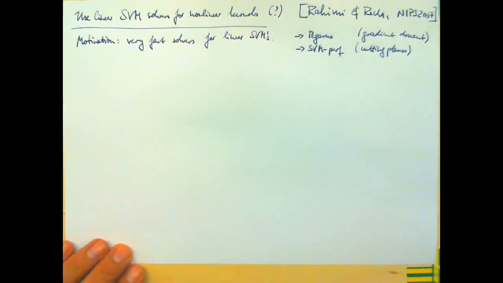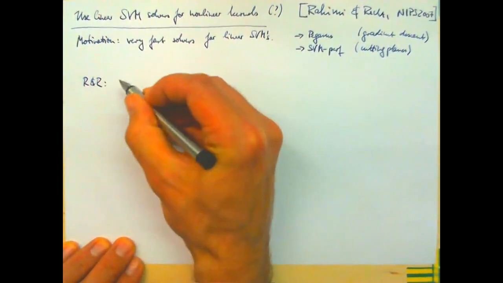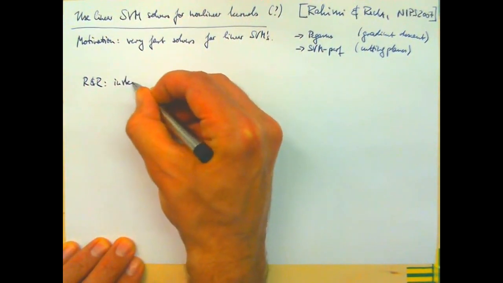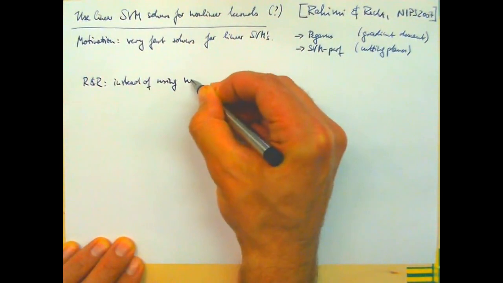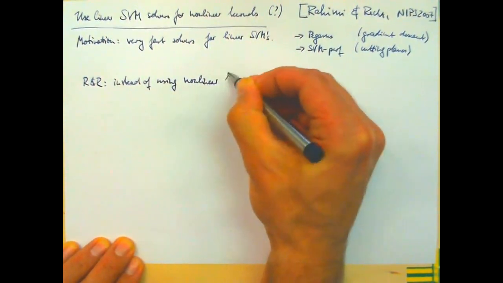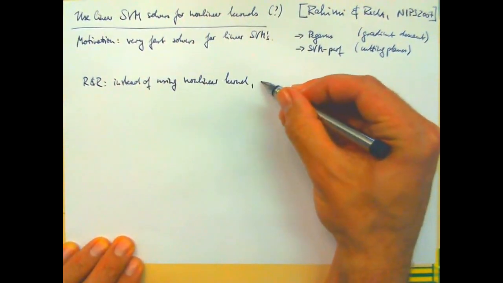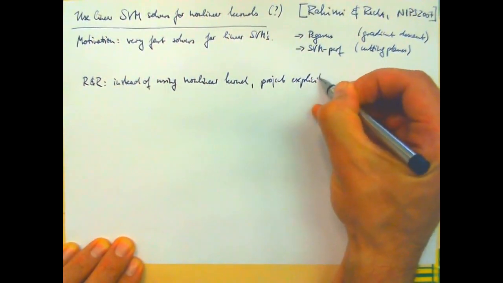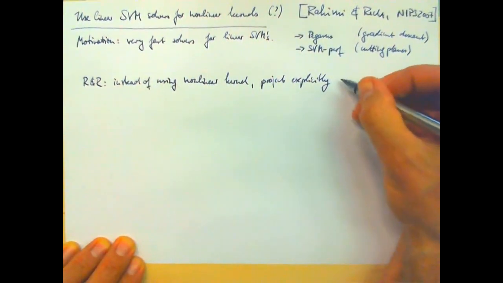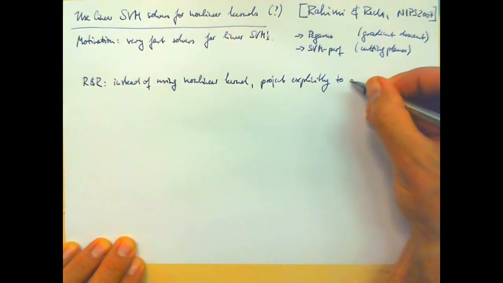So Rahimi and Recht say that instead of using a nonlinear kernel, as suggested by the kernel trick, you do the projection explicitly, however only to an approximate space. Or let me say, project explicitly, but in an approximate fashion.